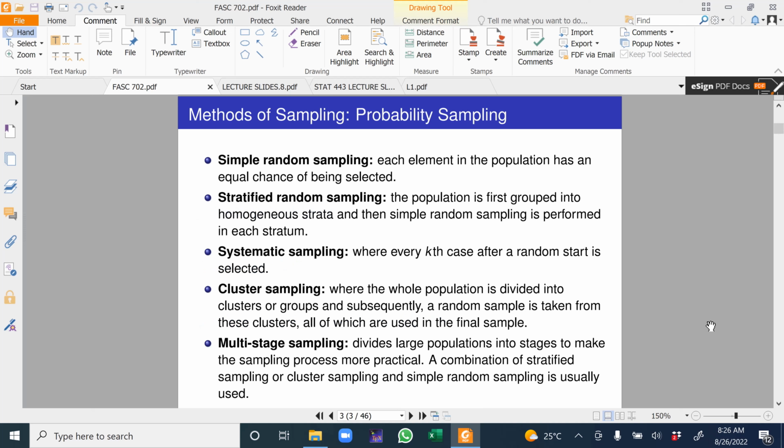Now, sample survey methods are the principles and methods that we use in collecting and analyzing data from finite populations.